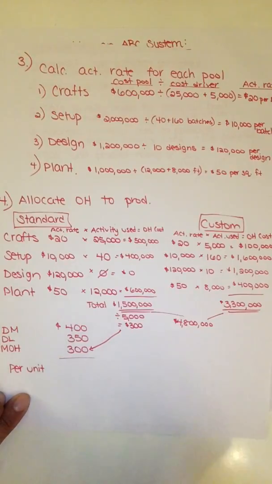We don't need to estimate or allocate it amongst products. So that gives us a total product cost of 1,050.